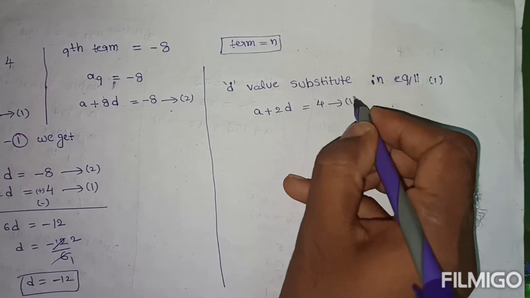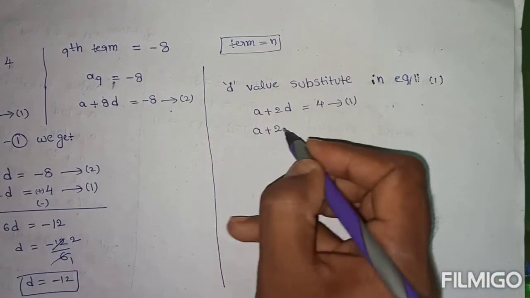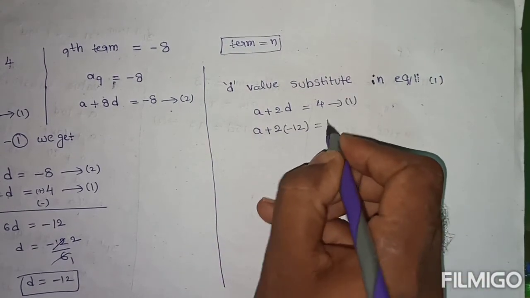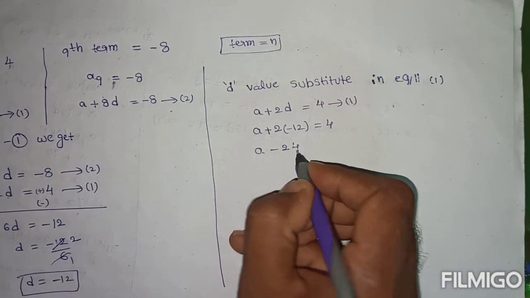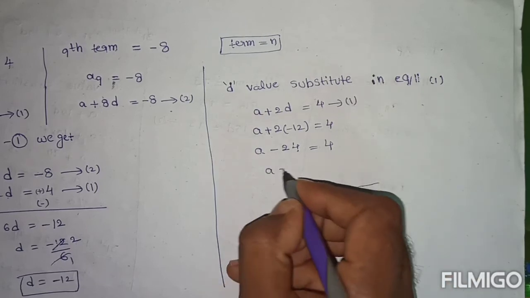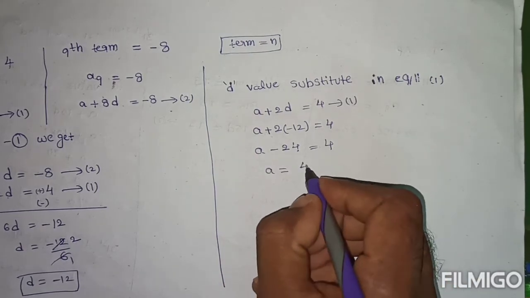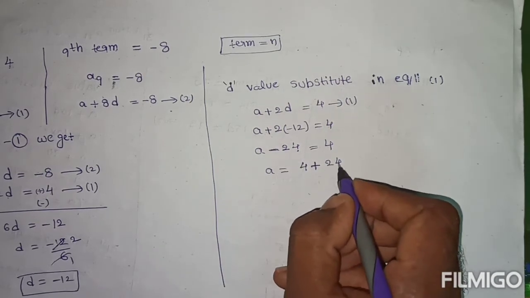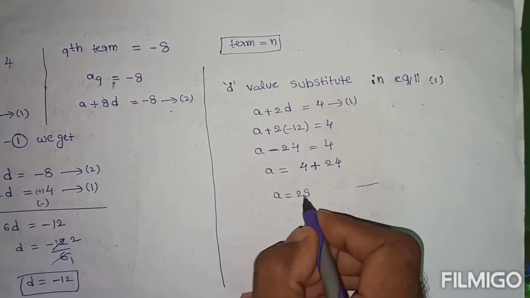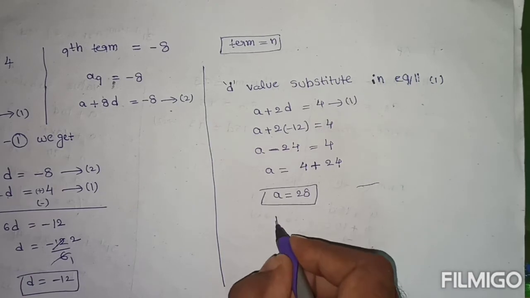Equation number 1. A plus 2D, D value minus 2, is equal to 4. A plus 2 into minus 2, that is minus 4, is equal to 4. Minus 4 is transposing, so plus 4. A is equal to 8. So A value is 8 and D value is minus 2.